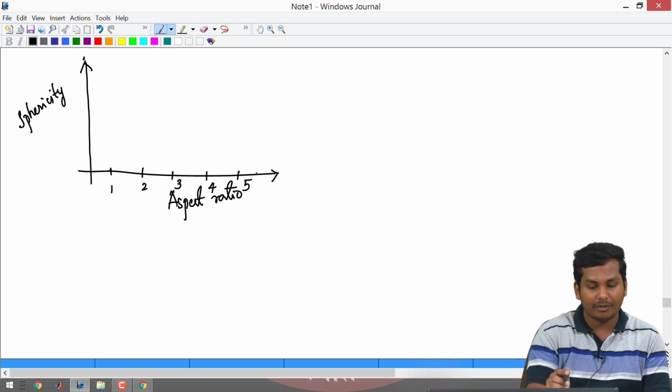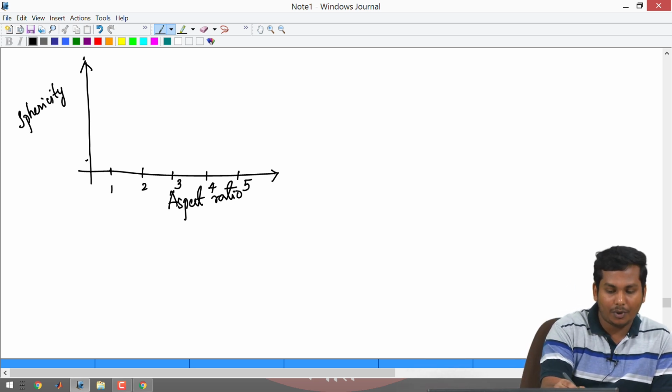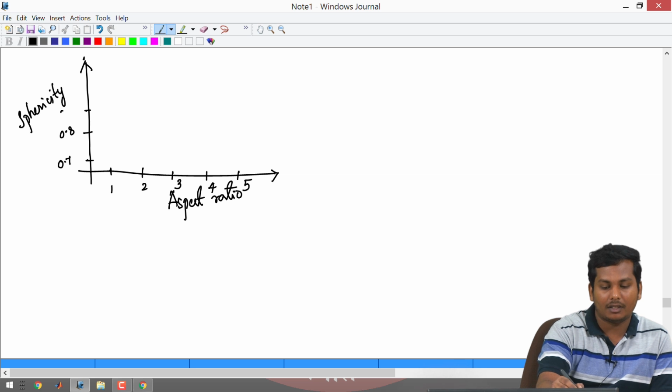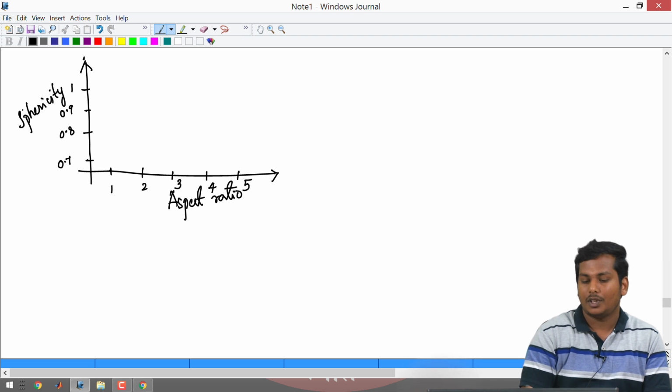Okay, then we will take from 0.7. Let us say this is 0.7 and this is 0.8, 0.9 and 1.